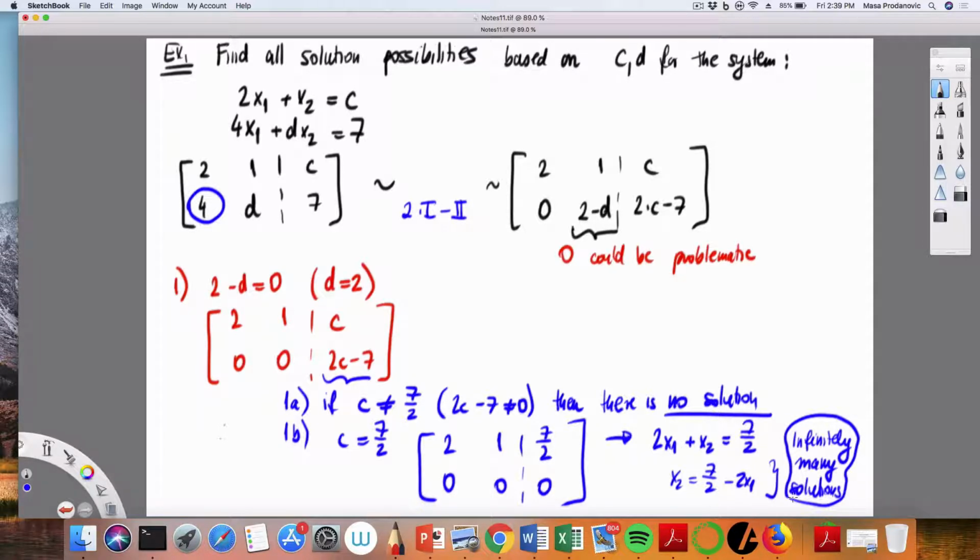So we have investigated all of the possibilities when d is equal to 2, so I have a 0 in the 2, 2 position. So now I can move on to the case that that is not the case.